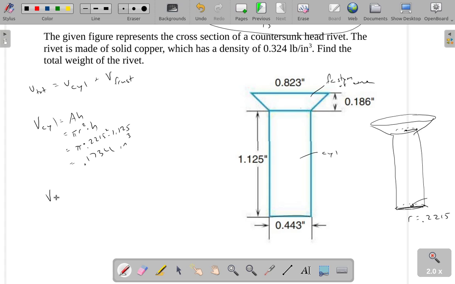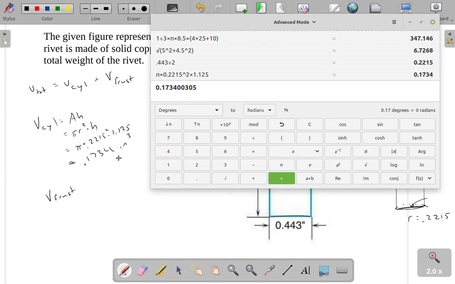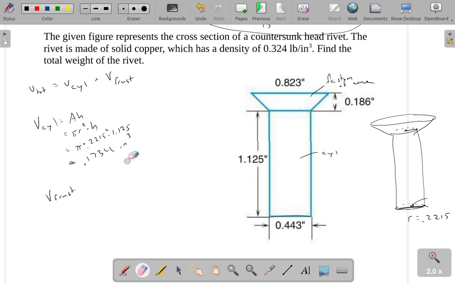The volume of the frustum. Again, I could go back and add more accuracy on this later if I wanted. That's the number of cubic inches of the cylinder. Now the frustum up here, this part right here.